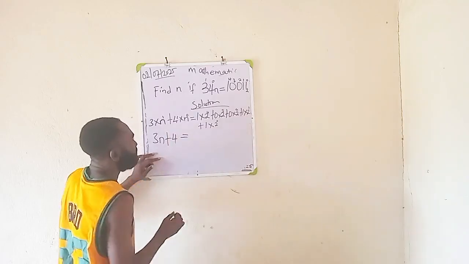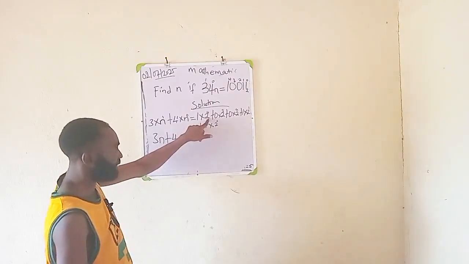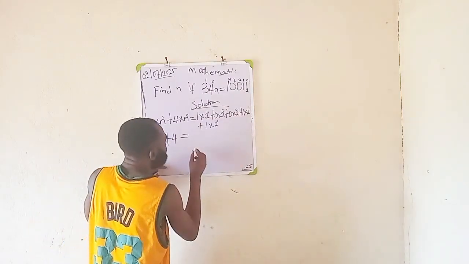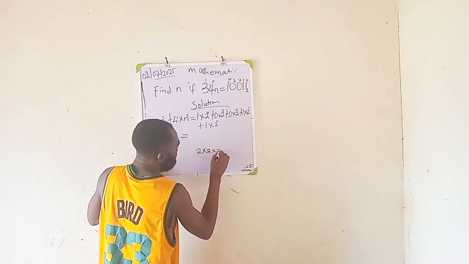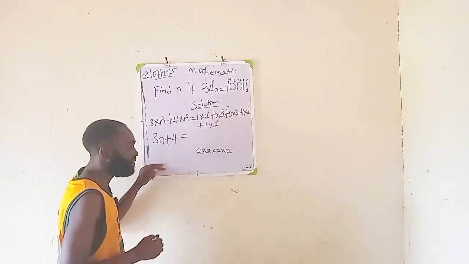This is equal to, and again, this is the index form of 16. Index form of 16 means when you have 2 raised to the power of 4, you have 2 in 4 places. This 4 here is telling you that you have 2 in 4 places.